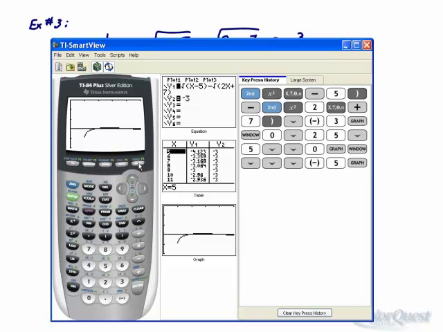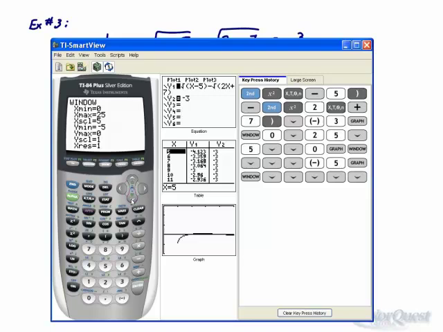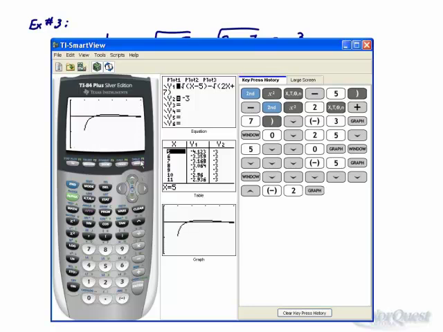I am going to zoom in on this a little bit more, going from negative 5 to negative 2, and see if that makes this a little bit easier to see. Yeah, now I can see more clearly that this graph does cross twice.